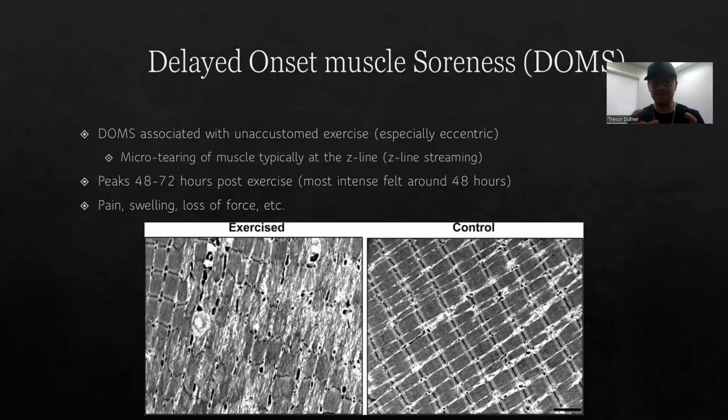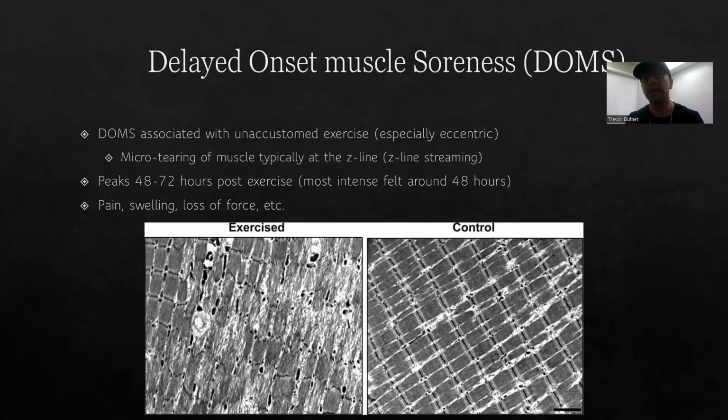As you can imagine, since it resides in the cell, the only way that it's going to get outside of the cell is if you're rupturing the plasma membrane of the myocyte. So if we measure that in the blood, essentially that's a proxy measure for how much muscular damage we're having. If we have more muscular damage, more creatine kinase is able to leak out into the blood, and therefore the higher the amount of creatine kinase, the higher the amount of muscle damage that we think ensued. It's not a direct measure, but it's a proxy measure.